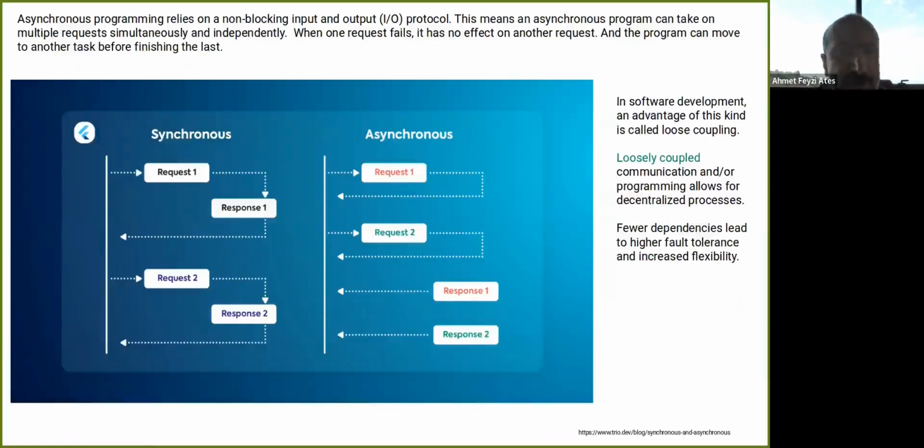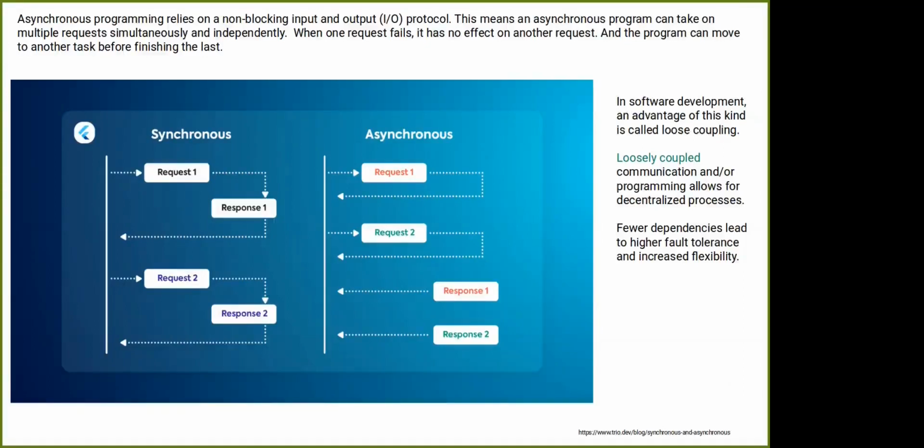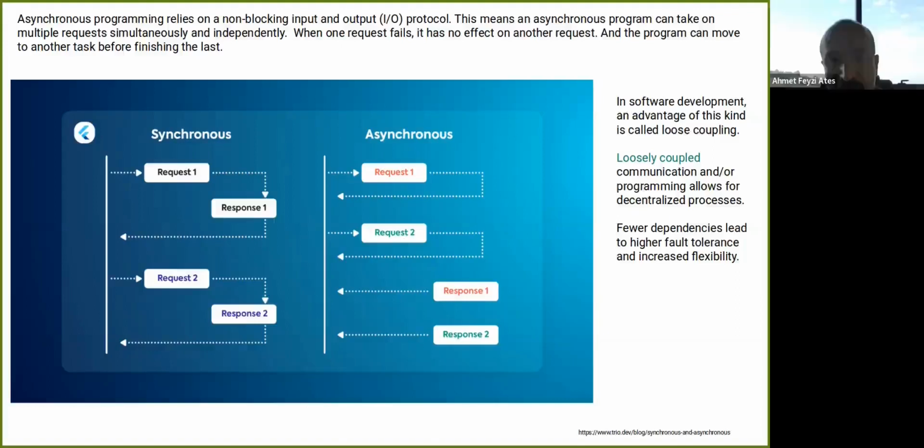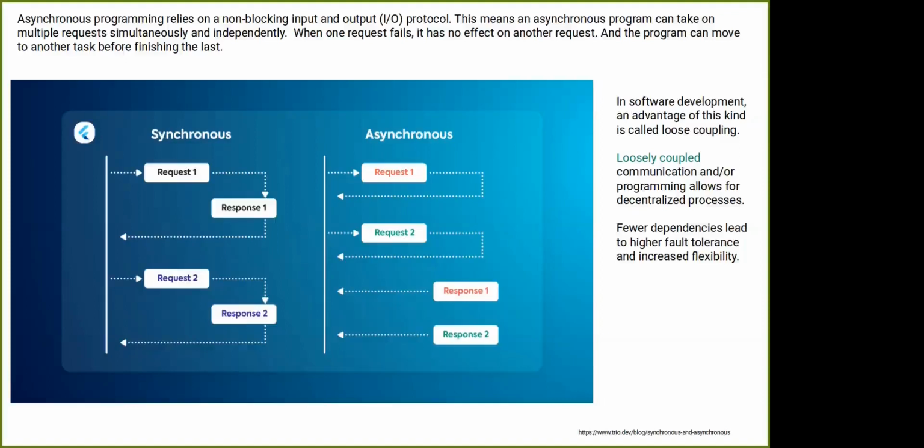The most important issue for asynchronous programming is that it relies on a non-blocking input and output protocol. In a synchronous way, you make a request, wait for the response, finish, then another request, another response. In an asynchronous manner, you make your request and you may continue your business.